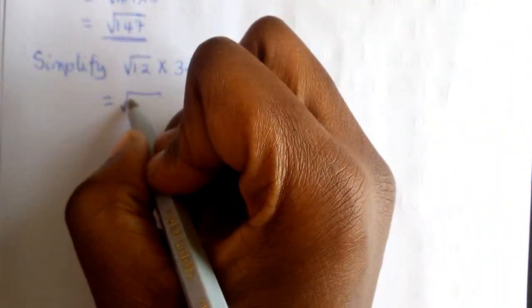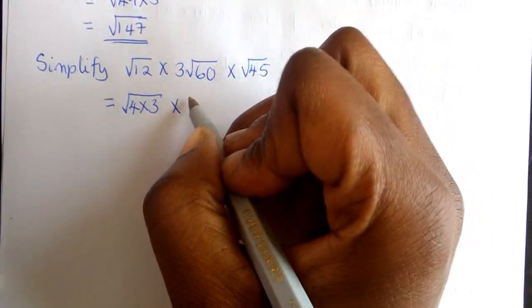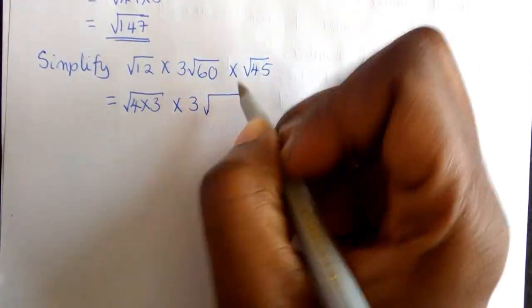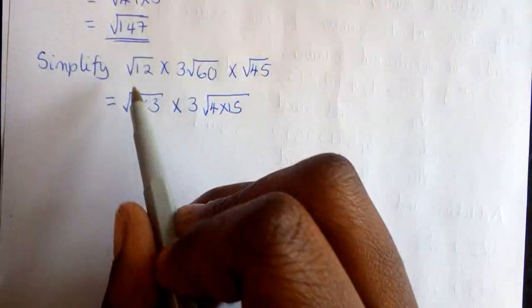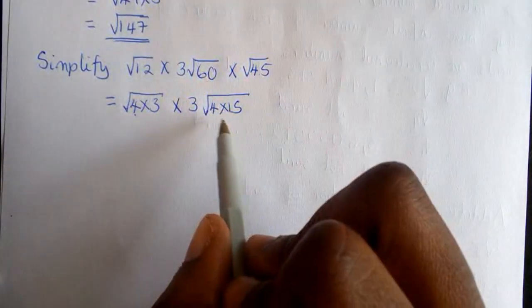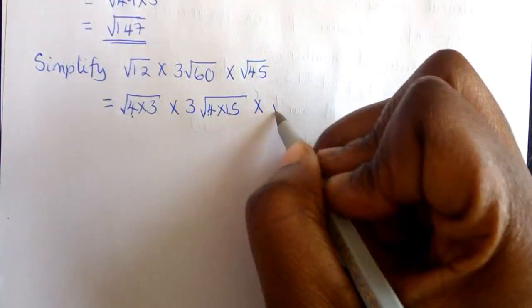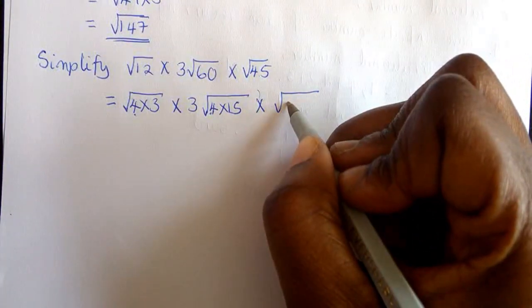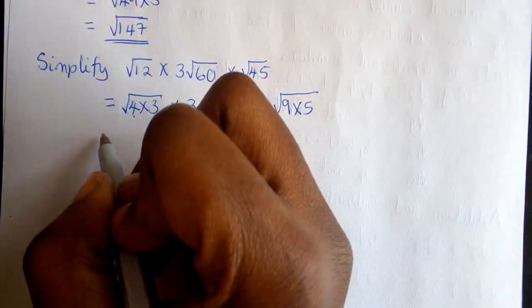The square root of 12 is equal to square root of 4 times 3, times 3 root square root of 4 times 15. Since 4 is a factor of 12 that is a square of another number, and 4 is also a factor of 60 that is a square of another number, and for 45 its factor that is a square of another number is 9, and it's 9 times 5 like this.